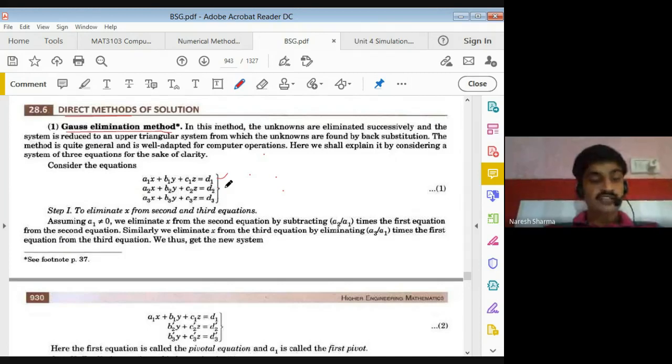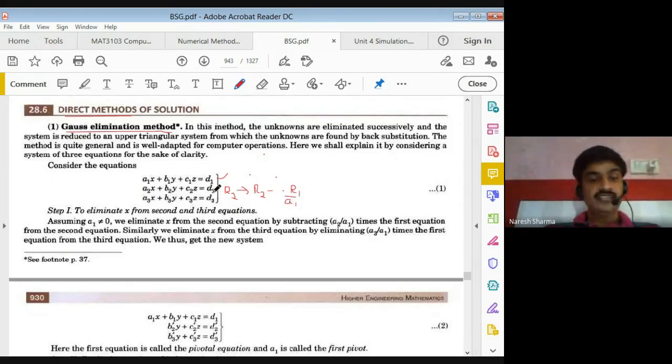So in your second row R2, we use R2 minus, we divide this R1 by a1.